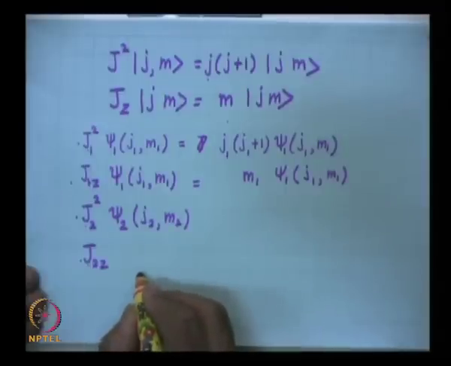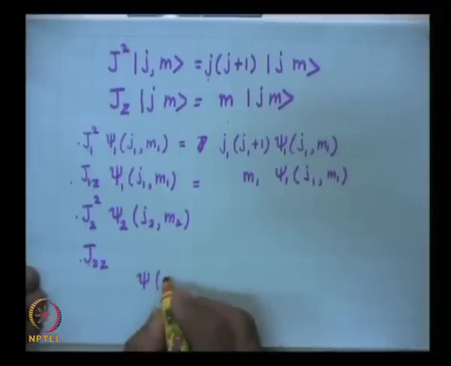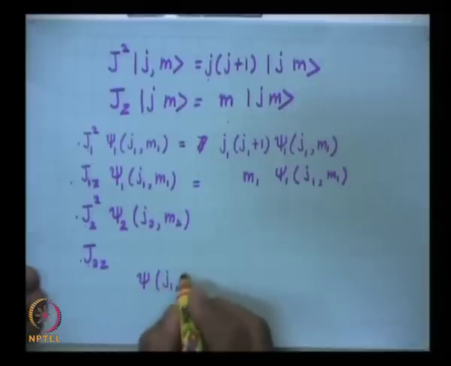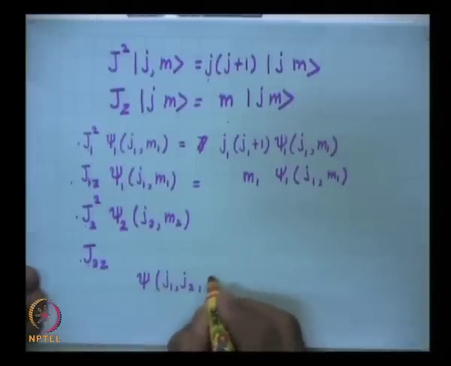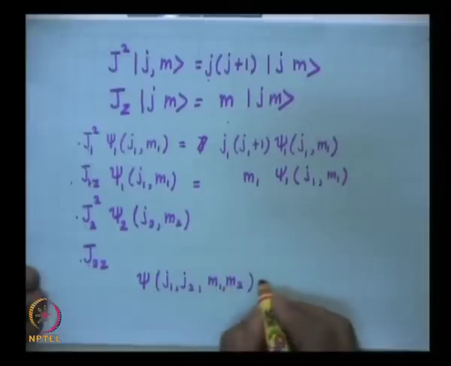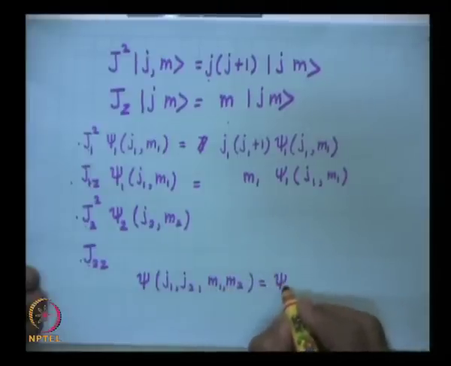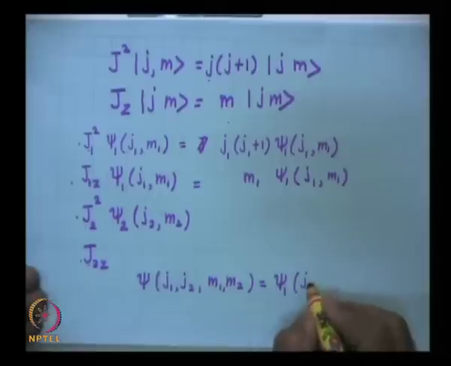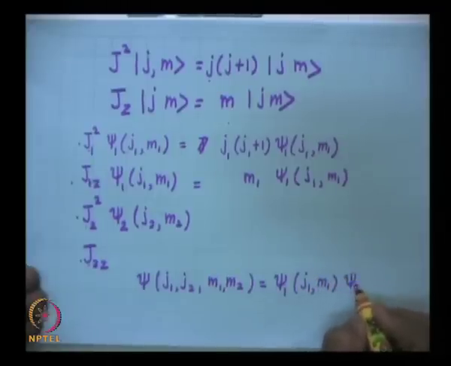So, I write this as psi |J1 J2 M1 M2>, which is really a product of the two wave functions psi 1 |J1 M1> psi 2 |J2 M2>.